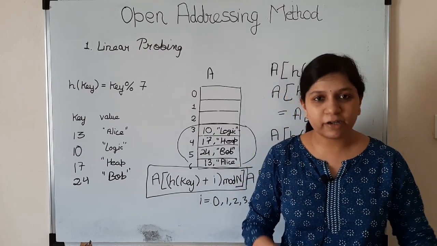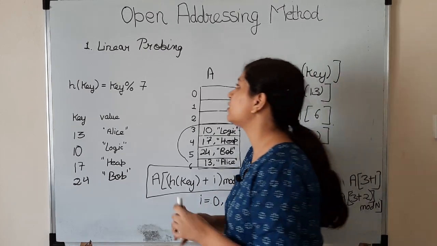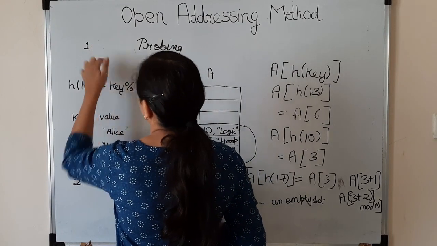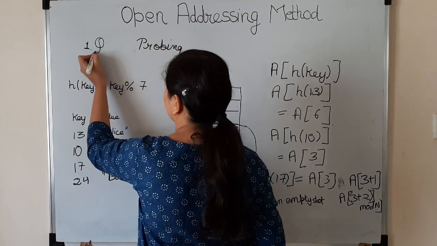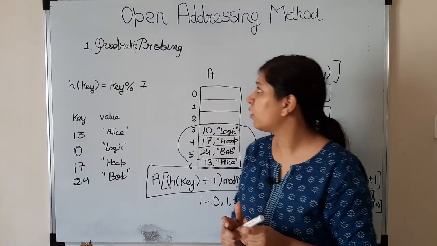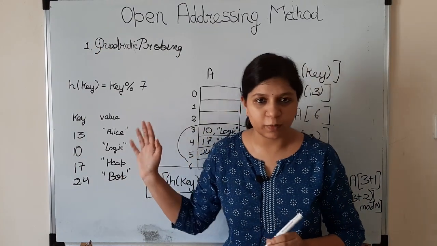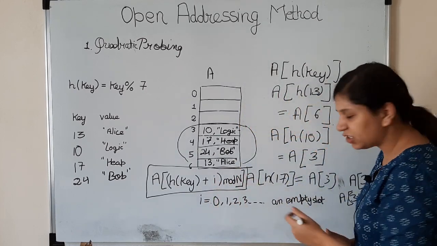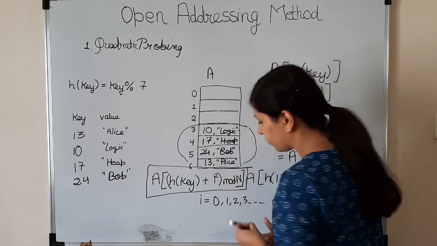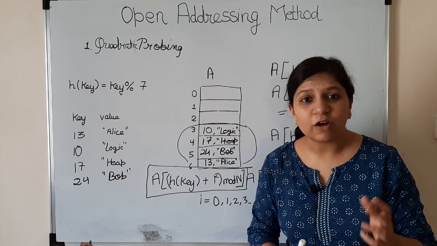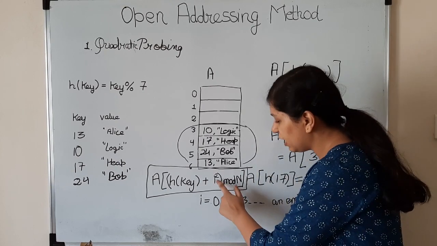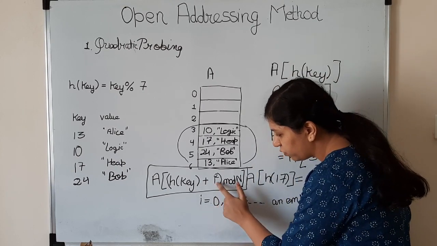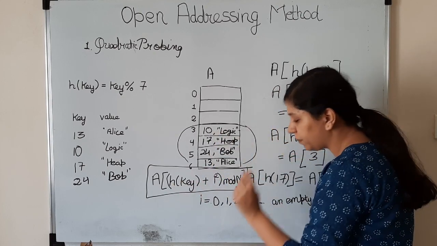Now let's talk about a different type of probing, which is quadratic probing. So now let's see quadratic probing. This is a very minor difference. What is it? Here you have i, change it to i square. So the way you are probing now changes. Firstly, i is 0, so you look at this place.